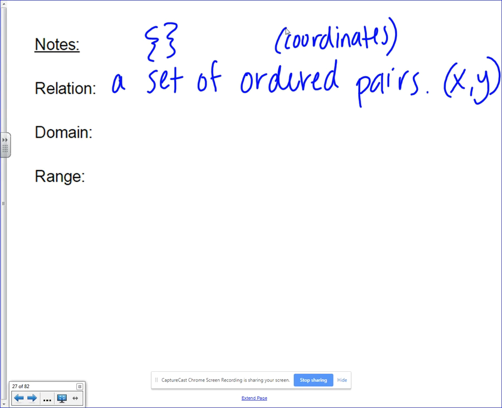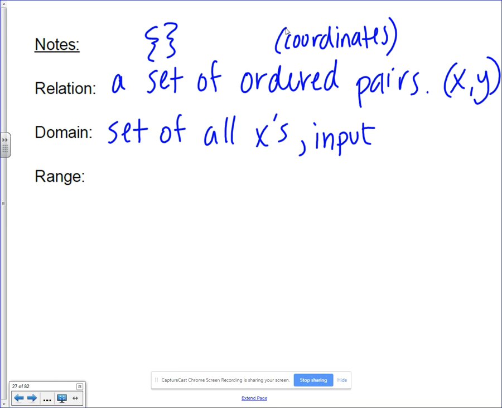What did we call that? It is the x, yes. The domain is the set of all x's. We also called that the input, which was on the left side of your chart.